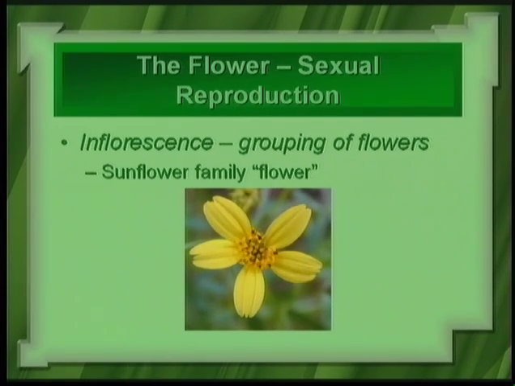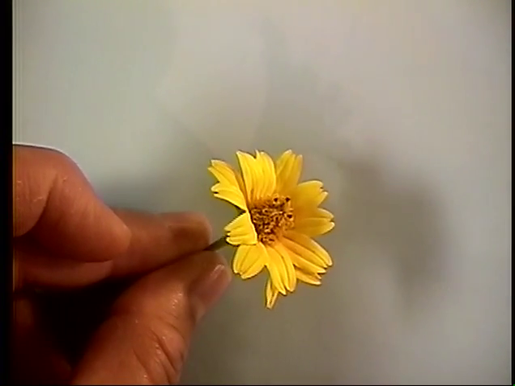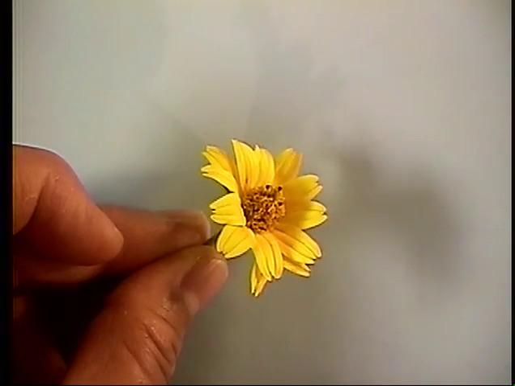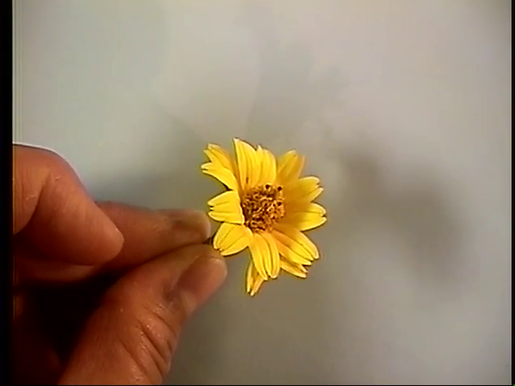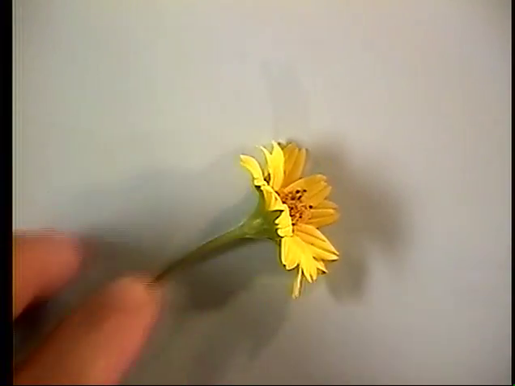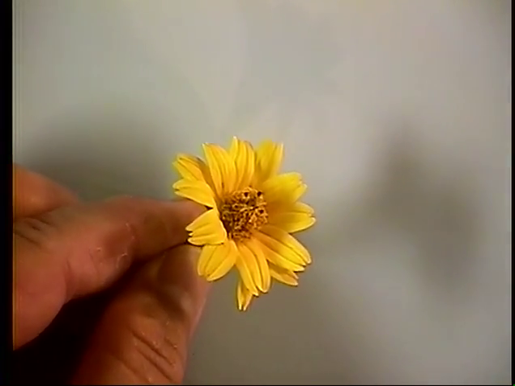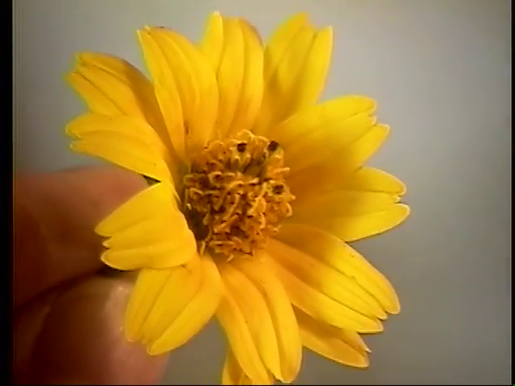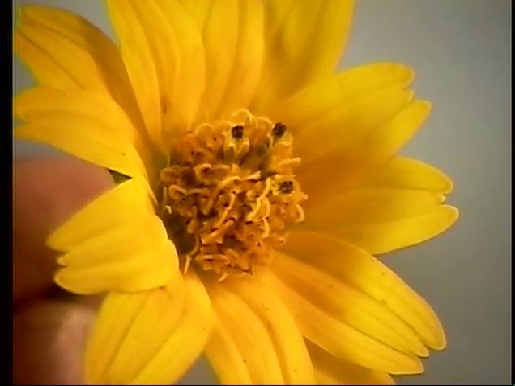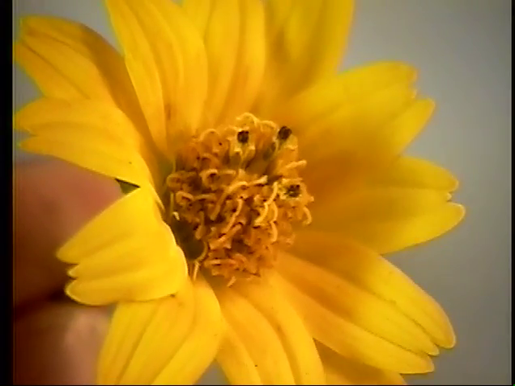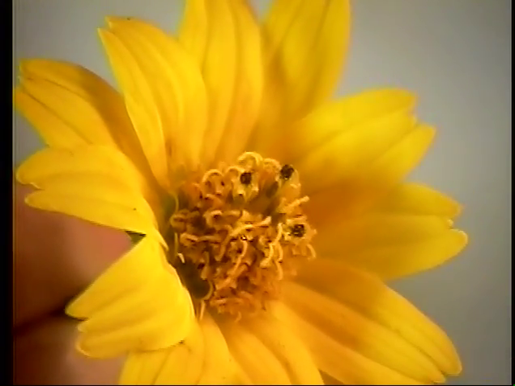Okay, so here under this Elmo, we have an inflorescence of what we call Wedelia, Wedelia trilobata. It's also known as beach daisy. If we zoom closer, we can actually see that this whole inflorescence is made up of many flowers. Okay?